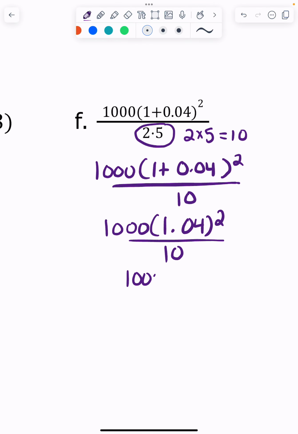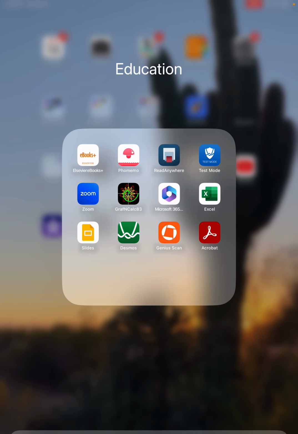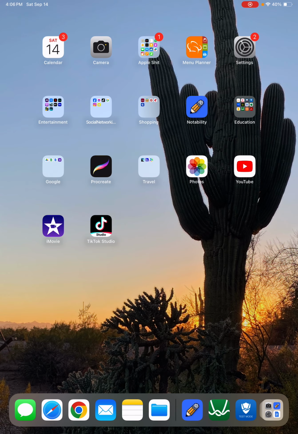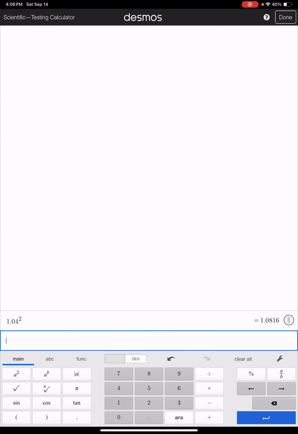1,000 times 1.0816 divided by 10. And then if I take that number that I got in Desmos, 1.0816, oh, for some reason it's not getting everything that I'm typing in here. It doesn't like my pencil. And I multiply that by 1,000.